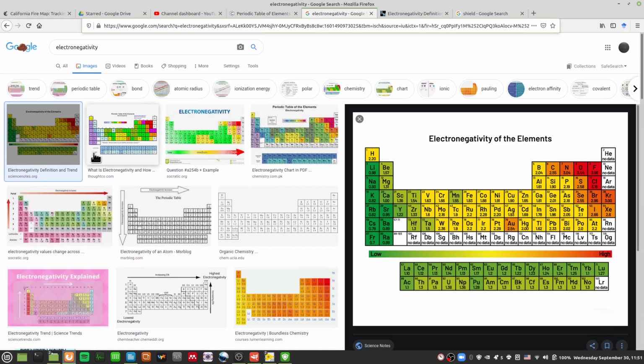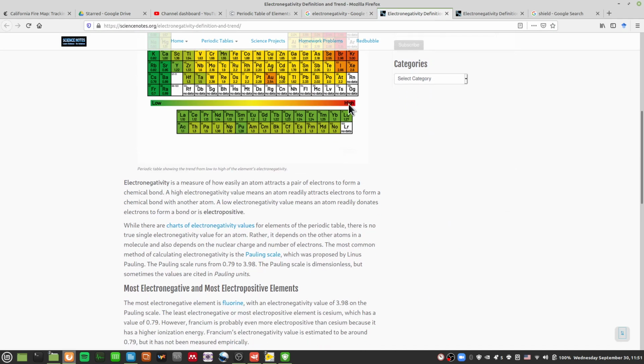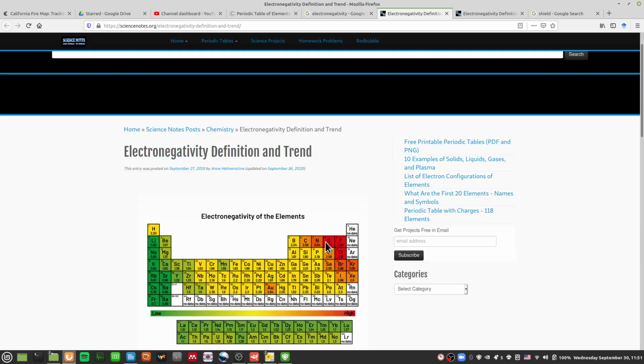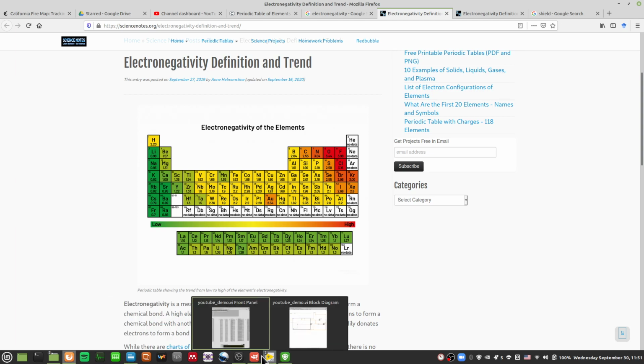So if you look for electronegativity on Google, you will find some things here on, for example, science notes. You'll notice that the most electronegative elements are red colored, while the least electronegative elements are green colored. So actually, the halogens are more electronegative than most of the other elements.